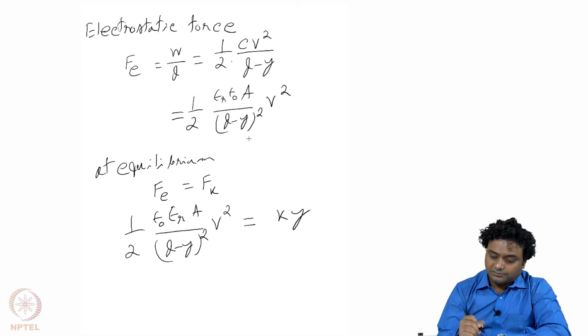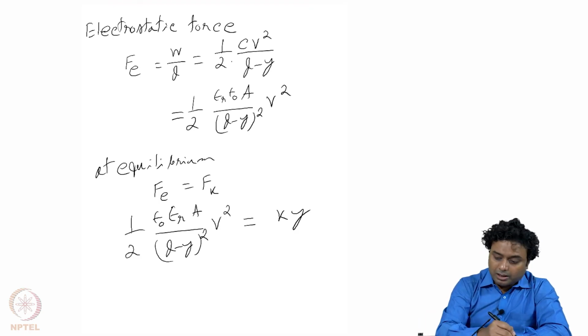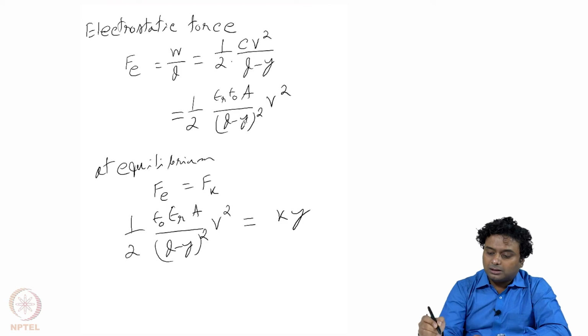So this is a parabolic equation, and at y equal to 0, the electrostatic force has some value. It is not 0 like the elastic force, it has some value, and it is the minimum value.